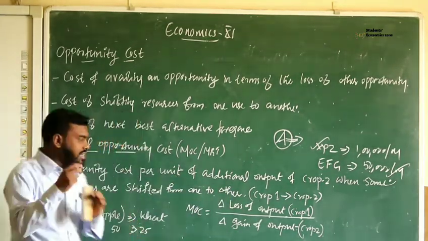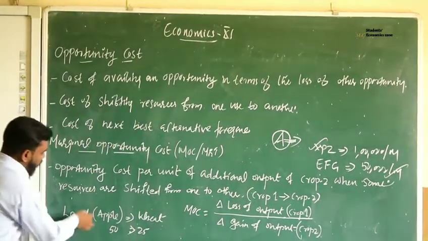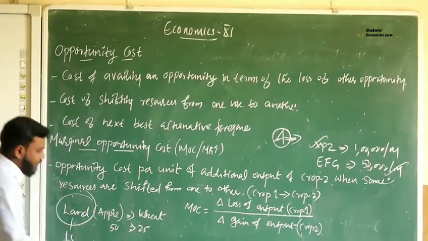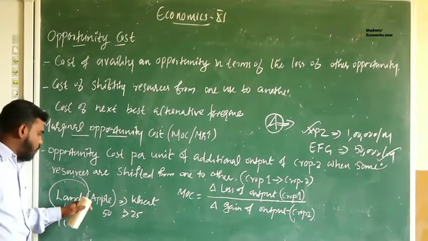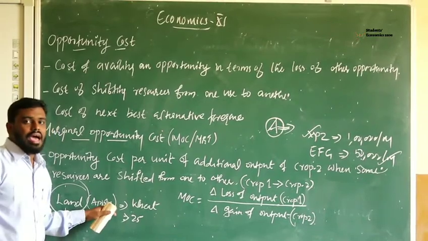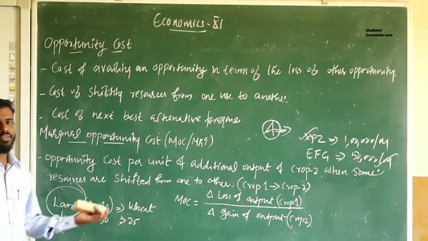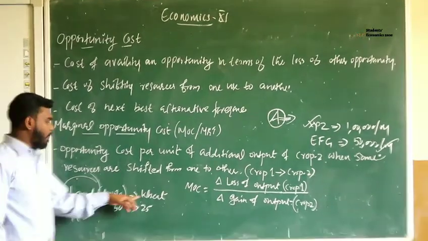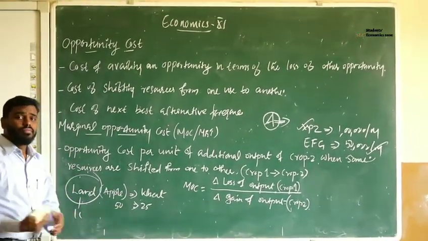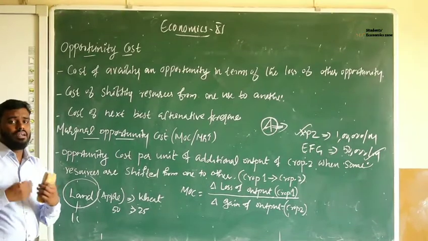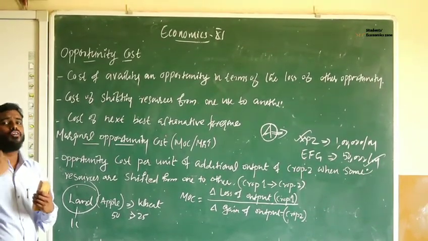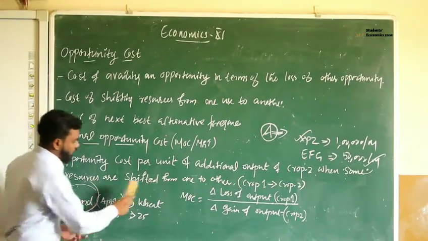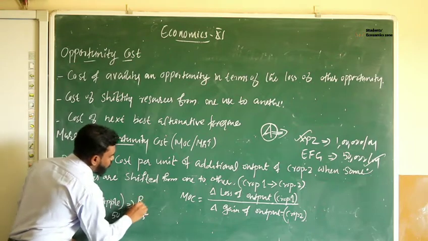For example, suppose we have 1 hectare of land, and we used this land for producing apple, and at that time we produced, for example, 100 kilogram of apple. Now the producer needs to produce some amount of rice.